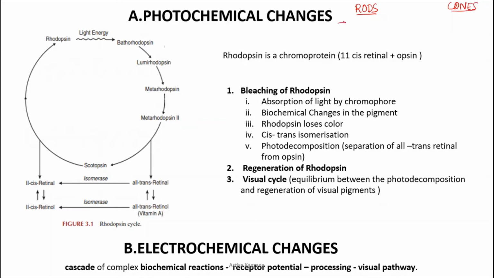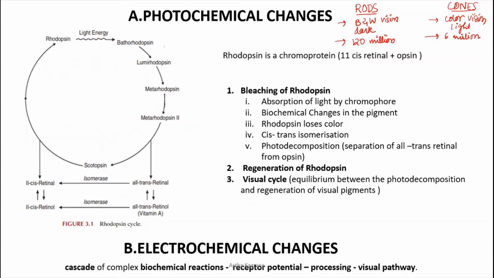Rods are responsible for black and white vision, that is your dim light or dark vision, and cones are responsible for color vision or bright light vision. But rods are more in number. Around 120 million rods are present, whereas only 6 million cones are present. This is just an approximate number, okay?